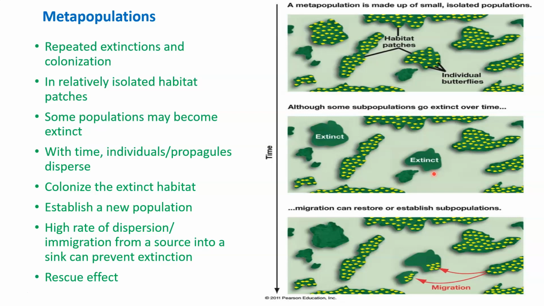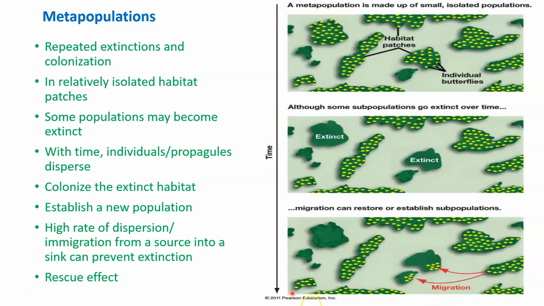Think about this. It is actually these dispersing individuals from source populations, or propagules coming from source populations, rescuing that particular habitat from extinction. That's what this re-establishment, recolonization does. So this phenomenon that I explained to you is called the rescue effect.